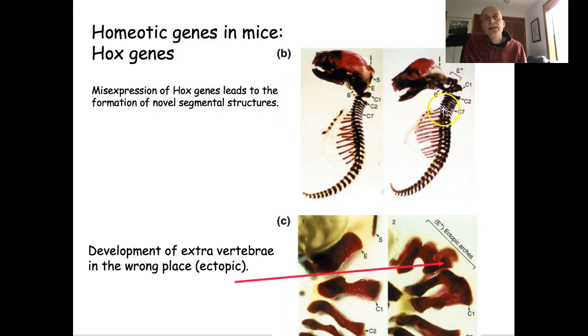Here you can see that the spine is changed in the formation of these particular vertebrae. There's a close-up here of this part of the spine, where you see what are called ectopic arches. Ectopic means in the wrong place.